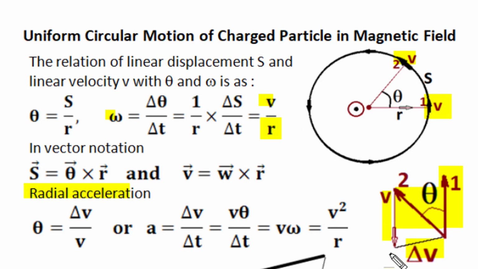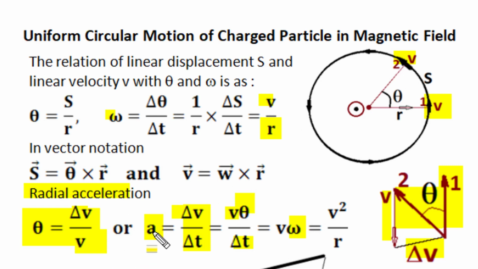Then this becomes the difference of the two velocities, and these two opposite angles theta are the same. We know that for a small value of theta, the angle is arc by radius, where arc is the change in velocity and radius is the velocity vector. We know radial acceleration is the rate of change of velocity with respect to time, and in place of change in velocity we can write velocity multiplied by angular displacement, and the rate of change of angular displacement with respect to time is known as angular velocity.